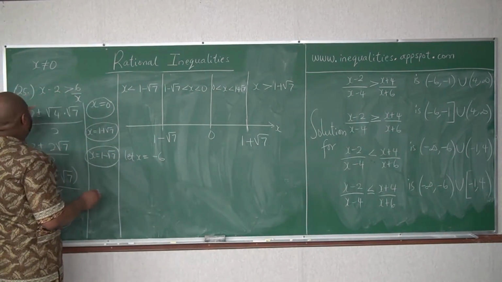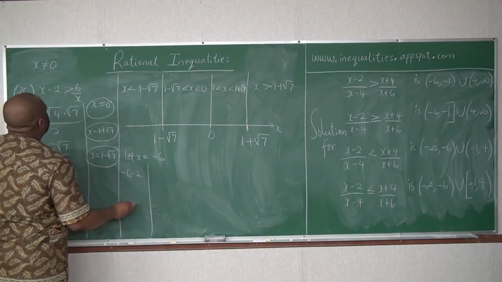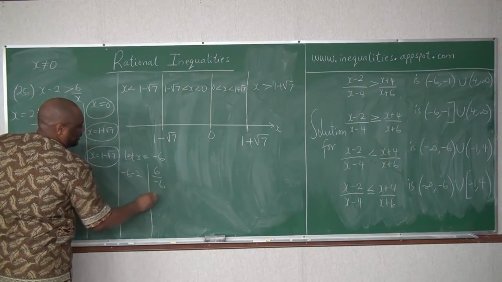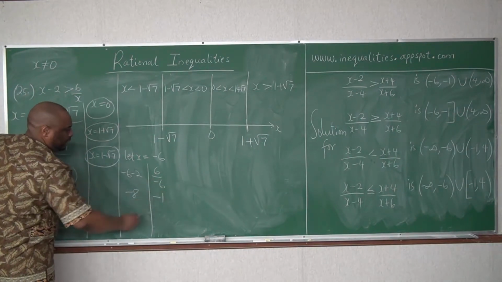So what I will have here is minus 6 minus 2 on the left, and then 6 over minus 6 on the right. So I have minus 8 and I have minus 1.